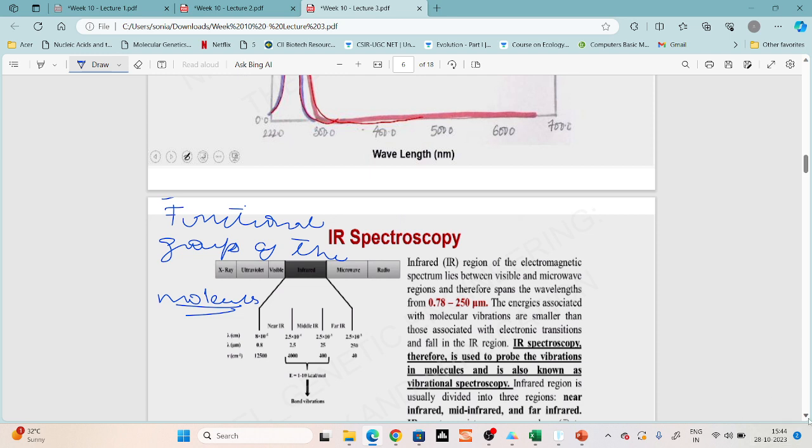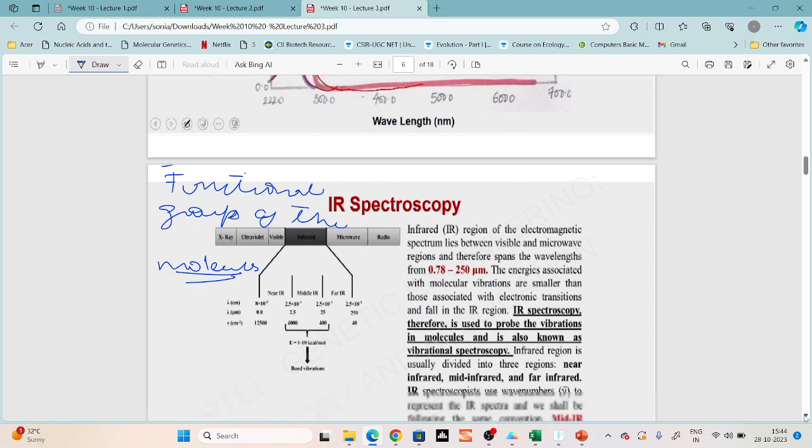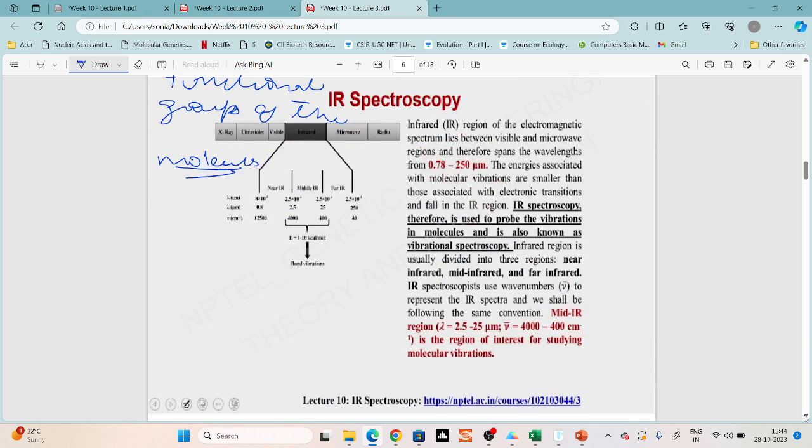Now we know infrared radiations correspond to vibrational spectroscopy, but infrared radiation is divided into near infrared, middle infrared, and far infrared. It is the middle infrared region which is required for studying molecular vibrations.